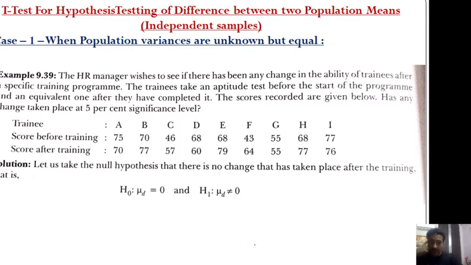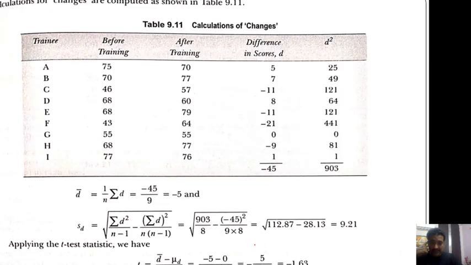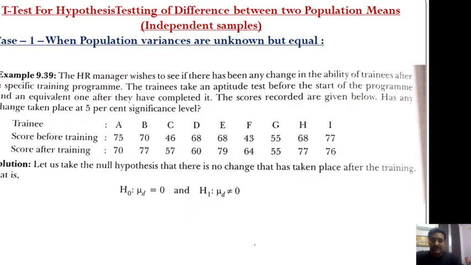So this is an example where the HR manager wishes to see if there has been any change in the ability of trainees after a specific training program.